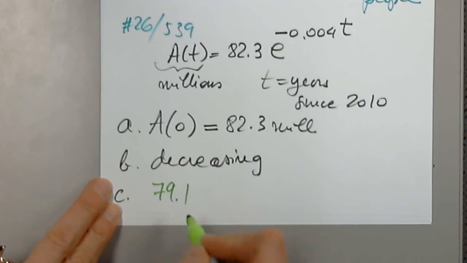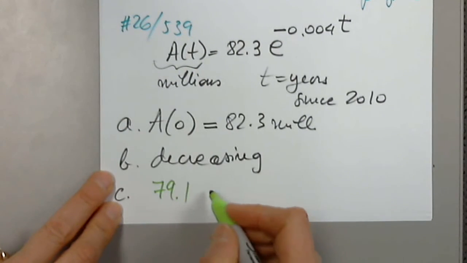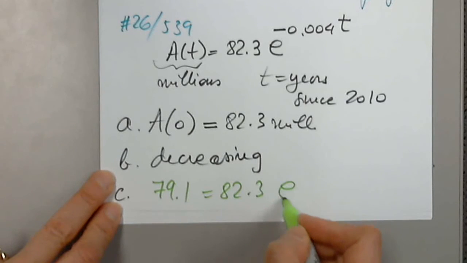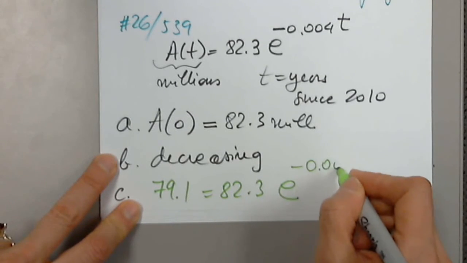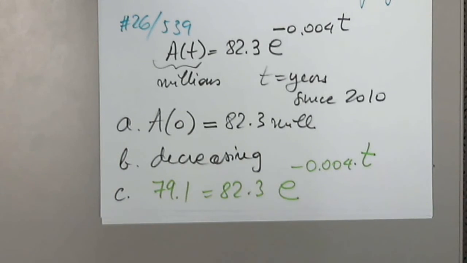Yes, 79.1, I'm given this value, equals 82.3 times e to minus 0.004 t. Very good. My next question to myself is, what type of equation is this? I have to look carefully and identify where the variable is and what type of equation.